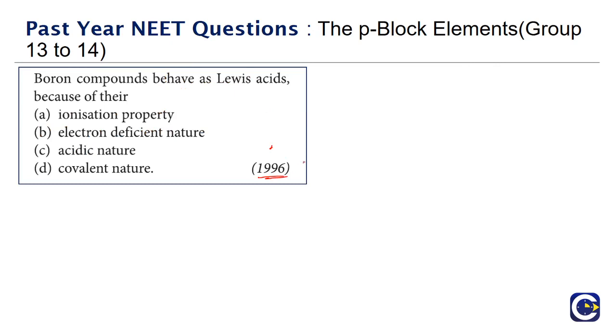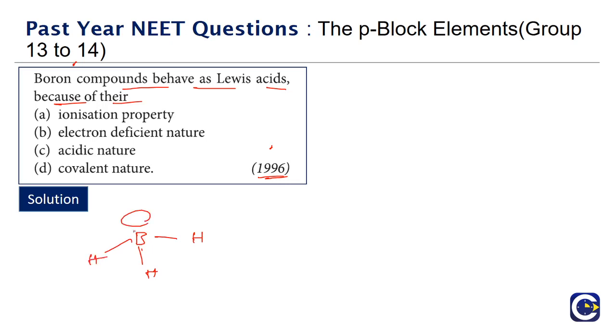Next we have a question that has come in the year 1996. Boron compounds behave as Lewis acids because of their. Take any boron compound, BH3 for example. After forming 3 bonds, boron will still be electron deficit. It will have less than an octet structure after forming the bonds.